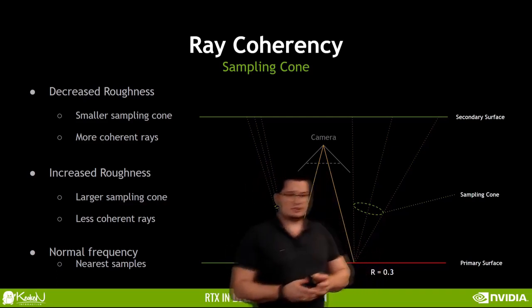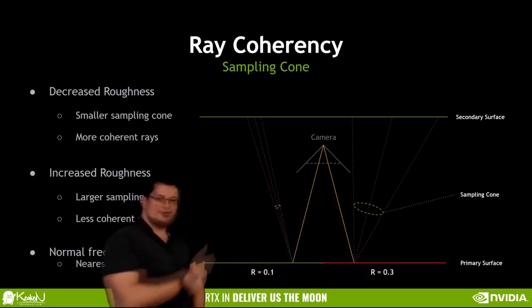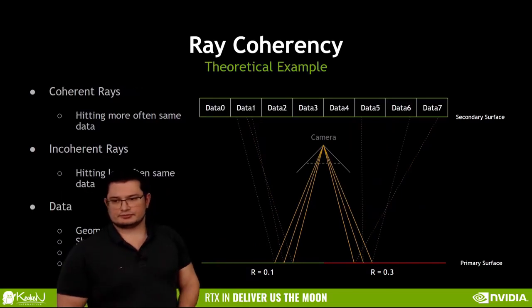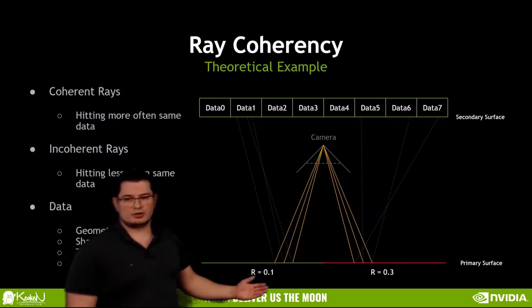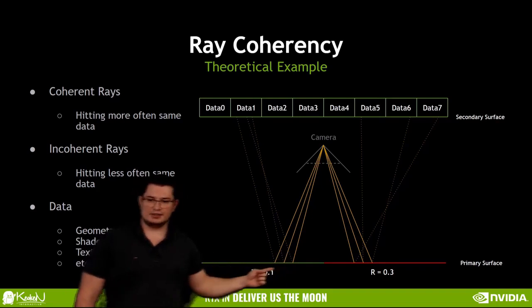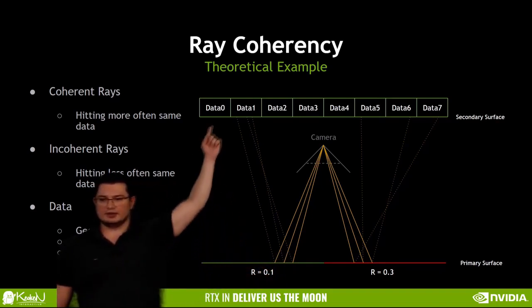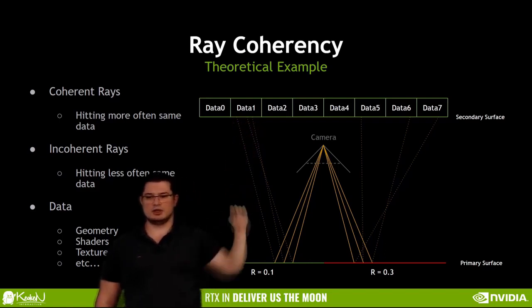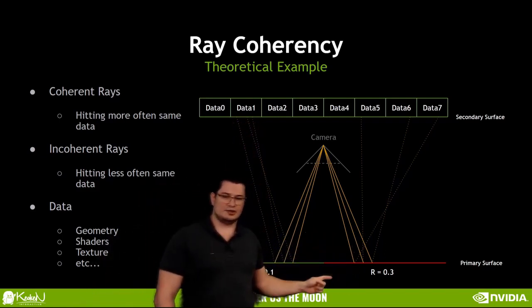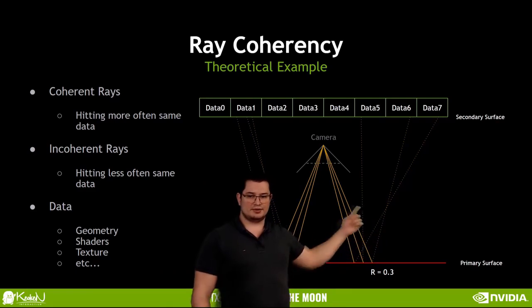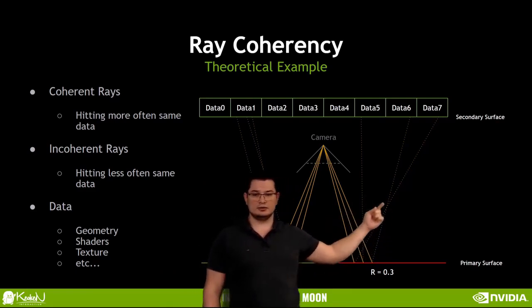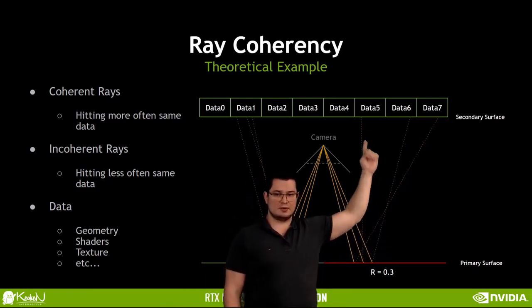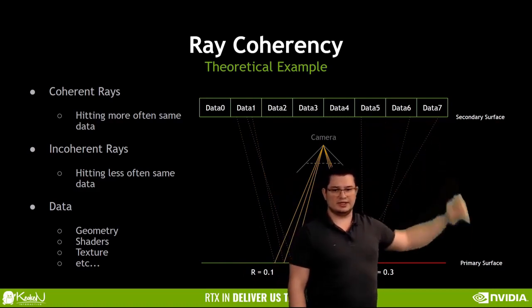All right, so let's see actually what this means in a theoretical example. As you can see, with the lower roughness, 3 of those rays reflect and sample the same data. It hits the same box. However, the rough surface within that bigger sampling cone reflects and samples from 3 different data sets.